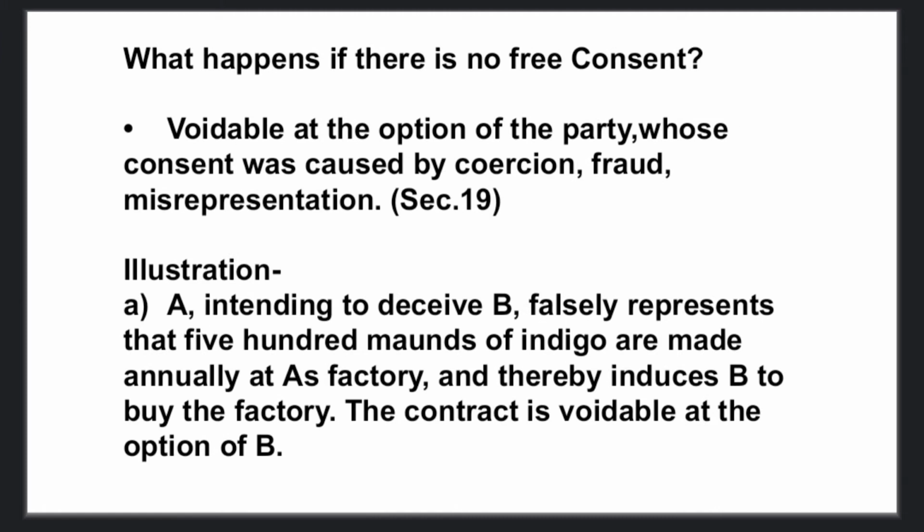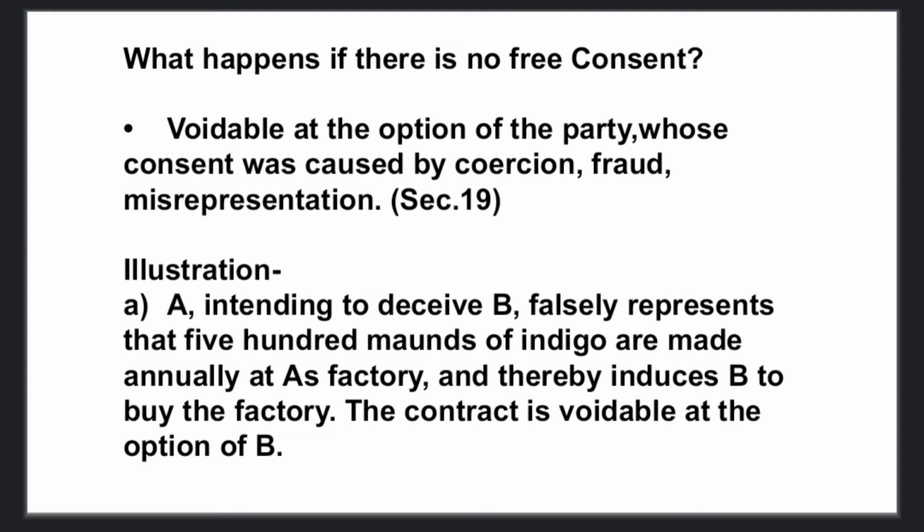Is it void or is it voidable? Let us find out. There are 3 consequences that can happen if there is no free consent. The first one is voidable at the option of the party whose consent was caused by coercion, fraud, misrepresentation. For this you need to read section 19.